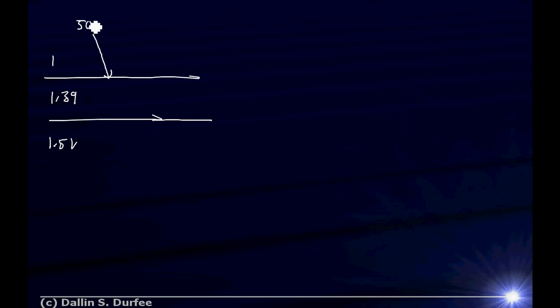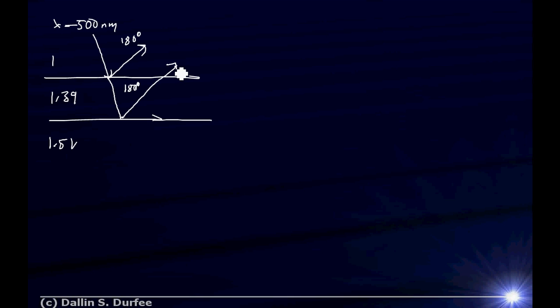We come in, we reflect off of the first surface of our film. We're going from low to high index, so I'm going to get 180 degree phase shift. Some of the light transmits, comes down here, it's going to reflect off of this surface. When I reflect off of here, I'm going from a lower to a higher index again, so I get 180 degree phase shift on this one as well.